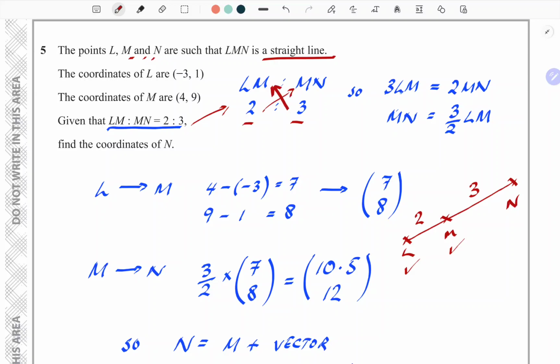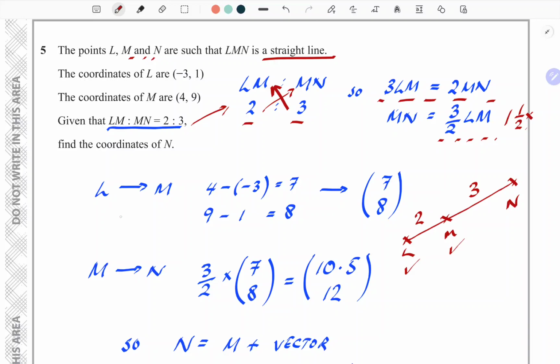And so effectively we get 3 LM equals 2 MN. All right. And just swapping that around a bit, therefore take the 2, divide on the other side, and you get MN equals 3 over 2 times LM. All right, so 1.5 times LM. That's effectively what you want. All right, put a times there.